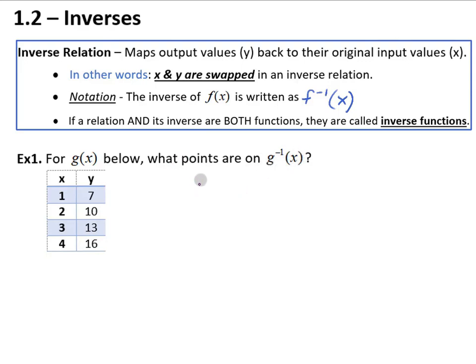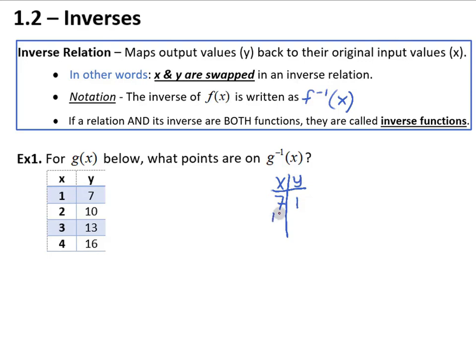Well, remember, in our inverse function, we're going to have a table where I want to plug in these values. We want to plug in these values that we originally got out. So I want to plug in 7, and I want to get back 1 for y.